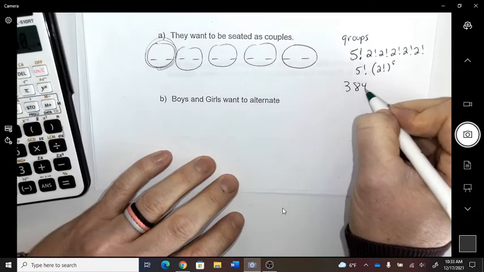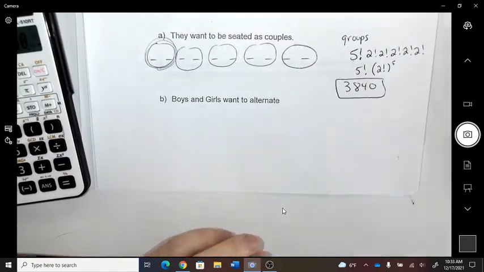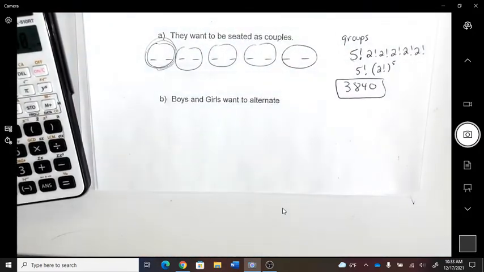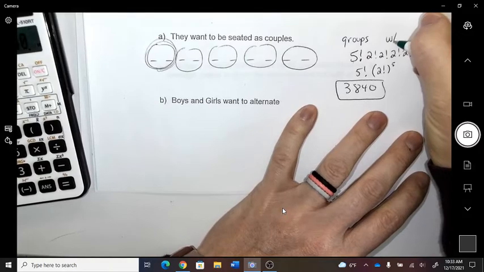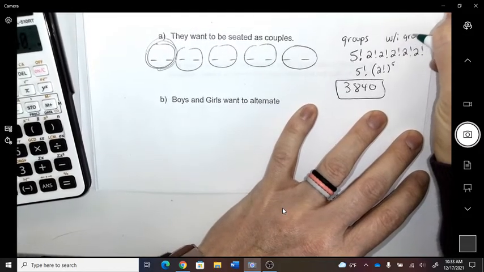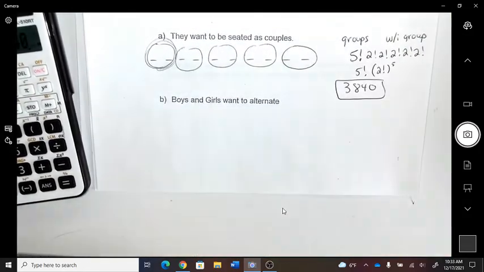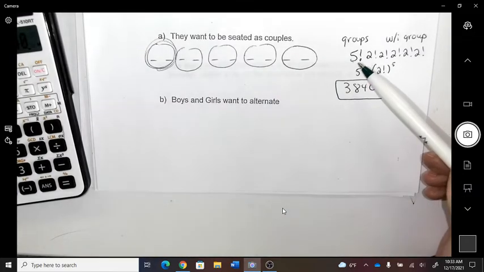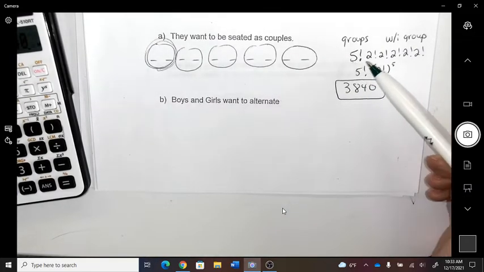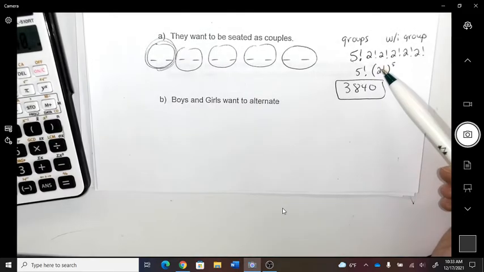See if you can type that in properly, that it works. So I will have a question on your test that has that concept. Arranging groups, then arranging within the groups.